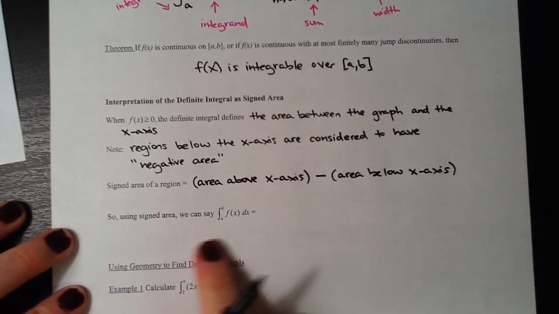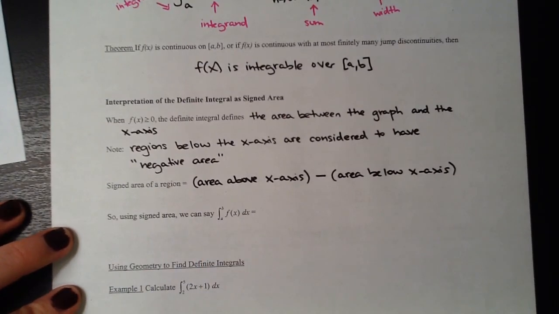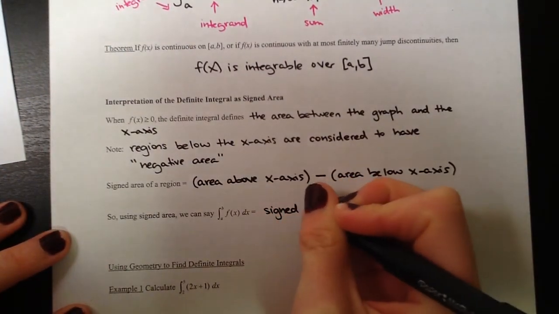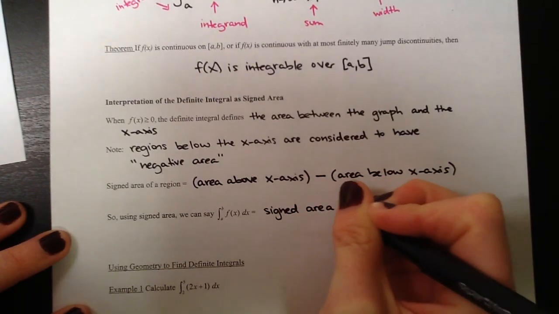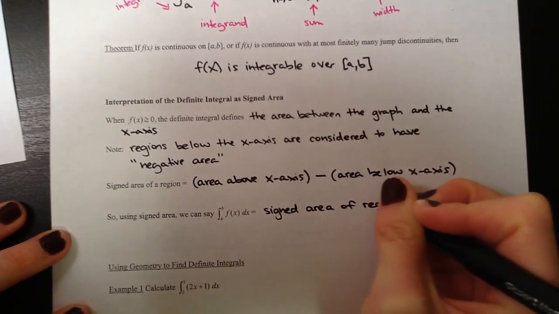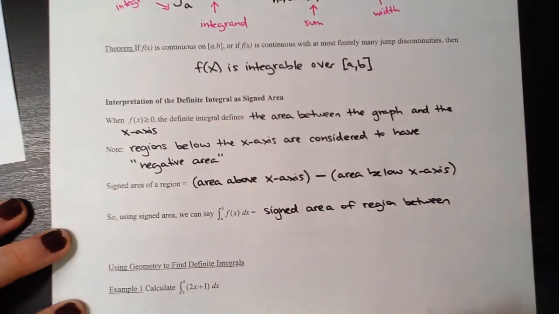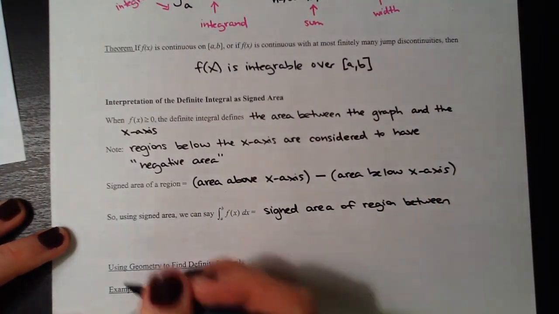All right, so using signed area, we can say this. The integral from a to b, which is the notation we have up above, is the signed area of the region between the graph and the x-axis.